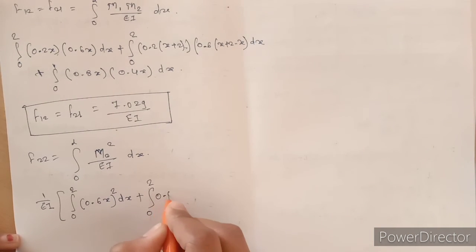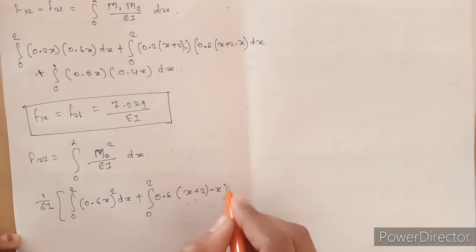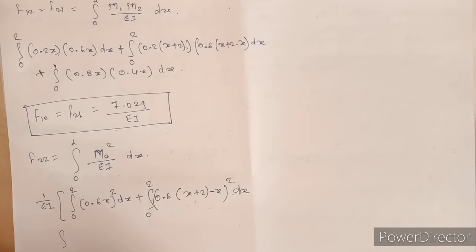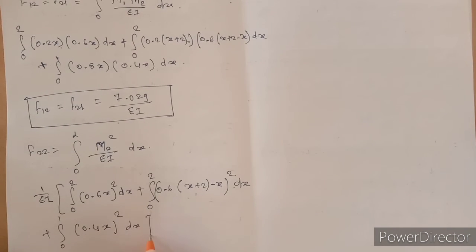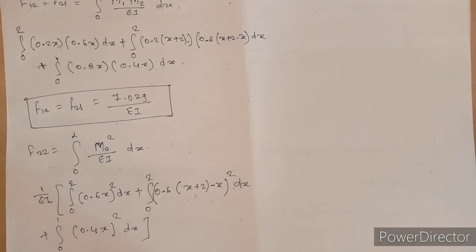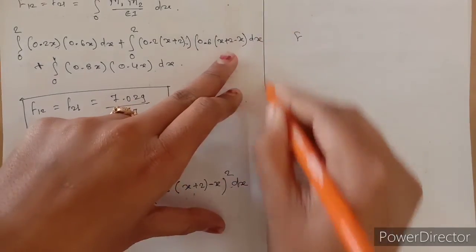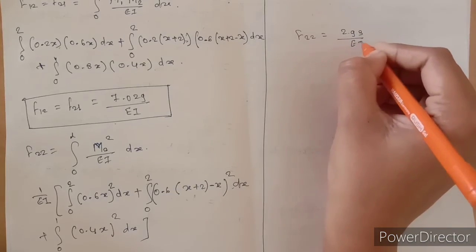So m2 is 0.6 in bracket x plus 2 minus x to the power of 2 into dx, and for AB, integration, put limit 0 to 1, and the m2 value is 0.4x bracket square into dx. Okay, from this we get the f suffix 22 value. So f suffix 22 is equal to 2.93 divided by EI.